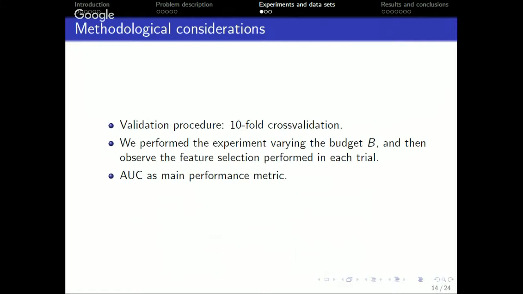Since we have the information about the budget, we think it's important to show the decision maker the effect of introducing a budget into this process. Then we perform a sensitivity analysis over parameter B. Our main performance metric is the classification of the model, but corrected. The name of this corrected metric is the area under the curve.